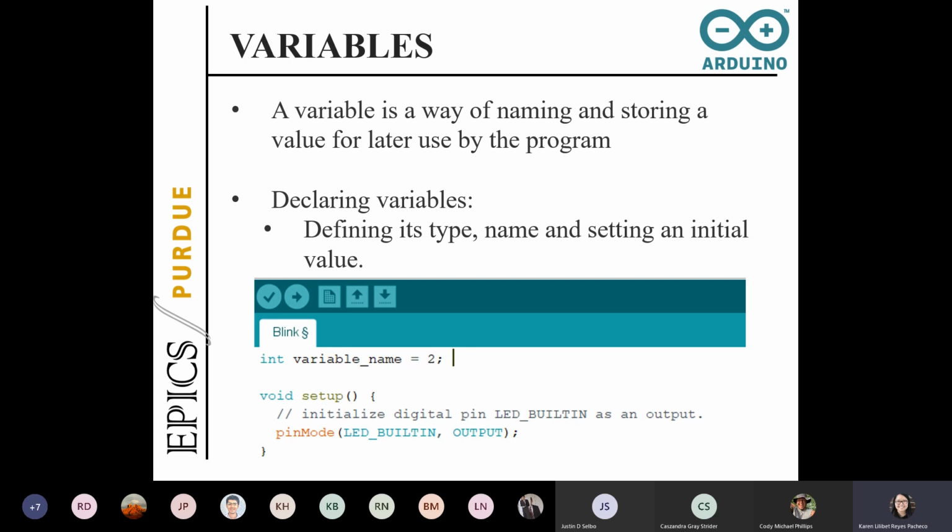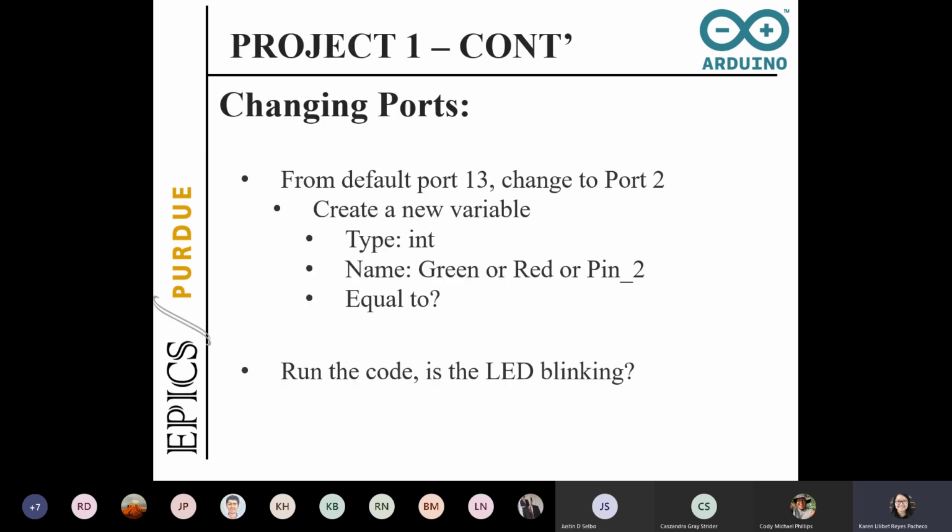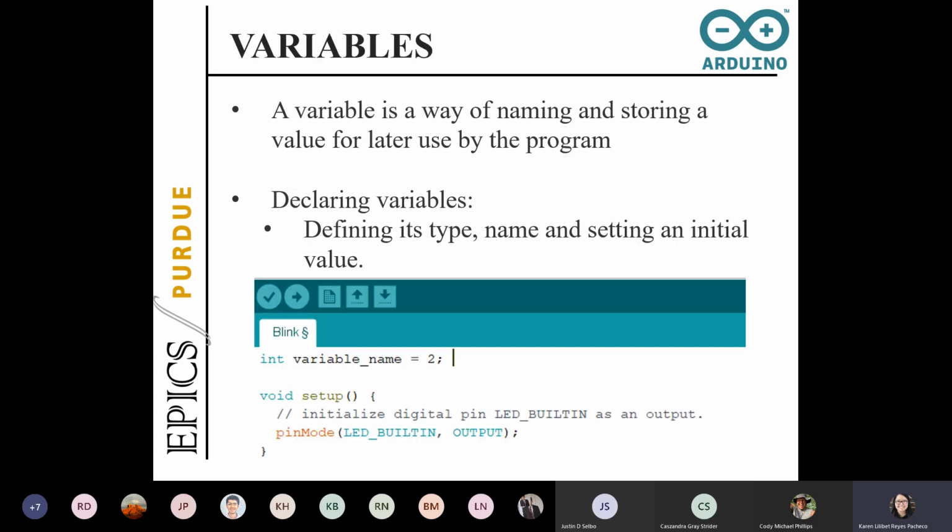How we do that is we add the type, an integer, because we are just expecting ones and zeros. We give the variable name, you can name it anything that you want, and that is going to be equal to the port number that you're using. In this case, it's going to be 13 if you're connecting to 13.